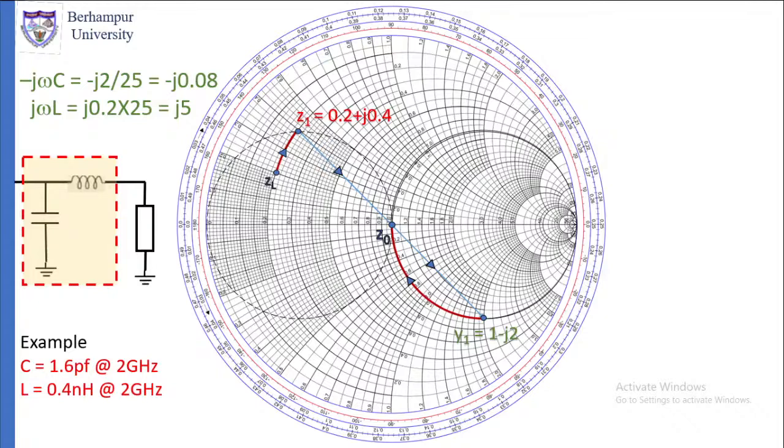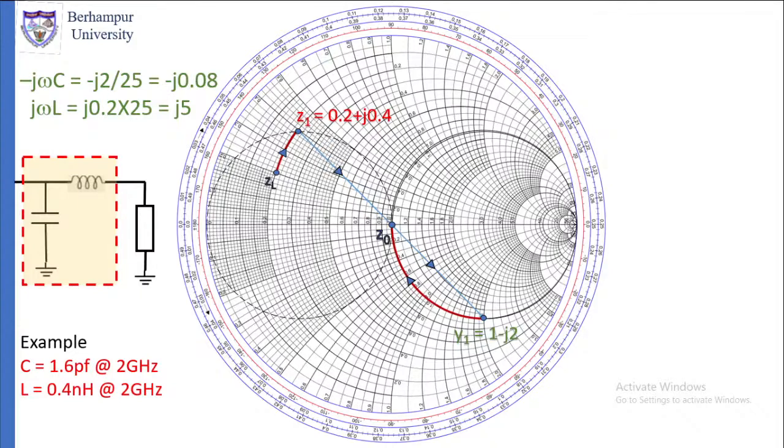The circuit you can see we have ZL. To the ZL, first we have added a series inductance, that is followed by a capacitance in parallel. So this is the lumped circuit of inductance and capacitance.